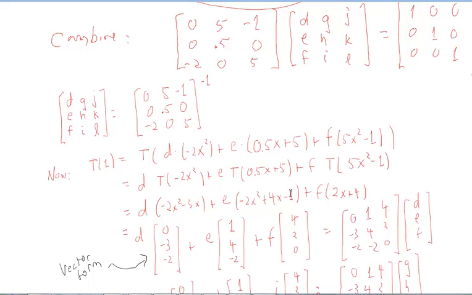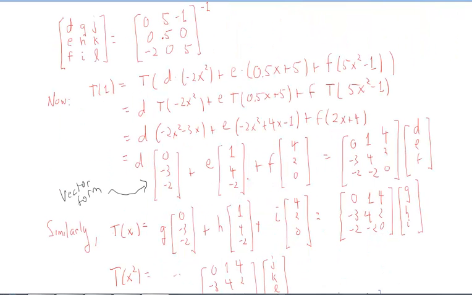Sorry, this was wrong. This is minus 1, 4, and minus 2. So let me fix that. All right, so I need to fix this as a minus 1 here. Oops, it's not showing. There we go, minus 1. And then this one here is 2x plus 4. So that's 4, 2, and 0. Again, these are the vector forms of these polynomials.